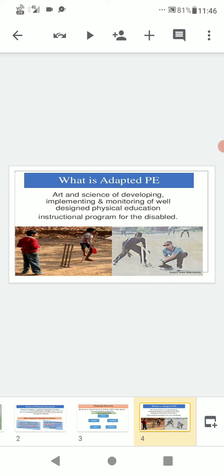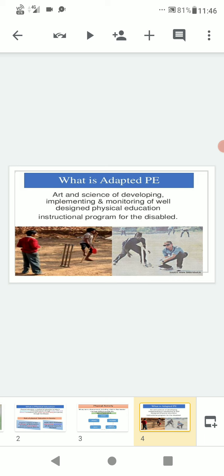In the first half of the century, different names were suggested for special physical education for differently abled children. Some of the common names were corrective physical education, remedial physical education, physical therapy, corrective therapy, developmental physical education and individual physical education.